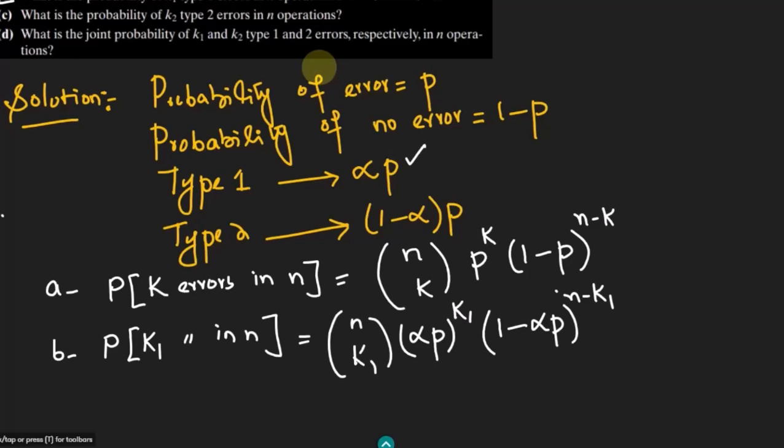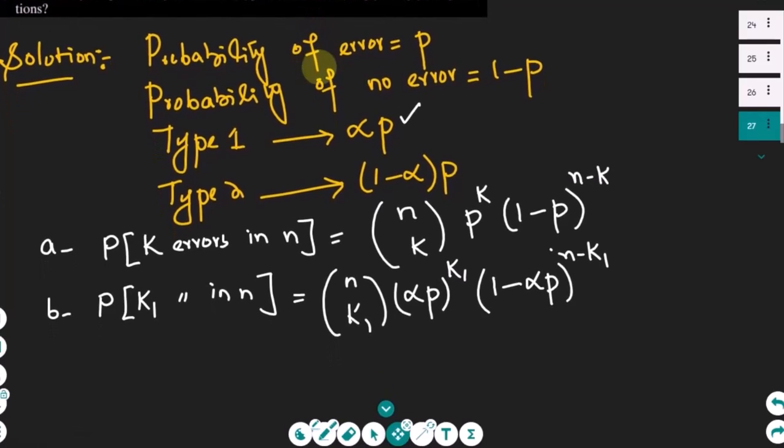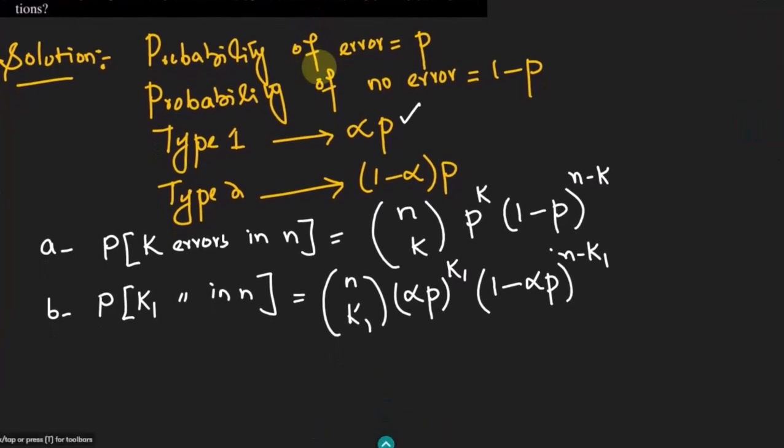Similarly now for part C, we have to find what is the probability of k2 type 2 errors in n operations. Let me move down further.